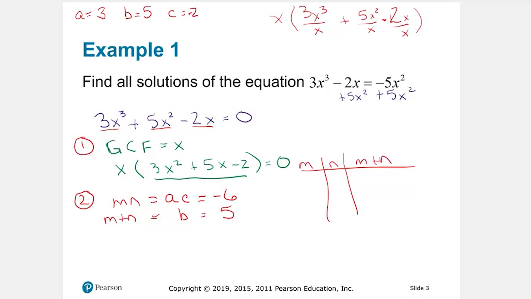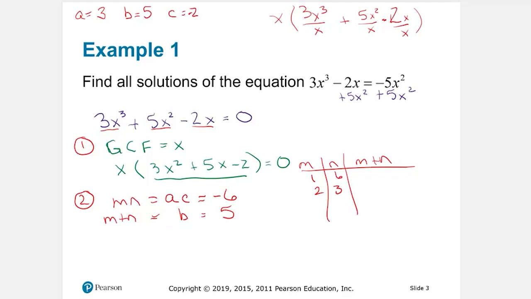I need two numbers that multiply together. First, I worry about the 6. So it's 1 and 6, 2 and 3. The next number would be 3, but I already have 3. 3 and 2, and 2 and 3 are the same. And now I have to make my 6 negative. But remember, when I add these two numbers together, they've got to be positive 5.